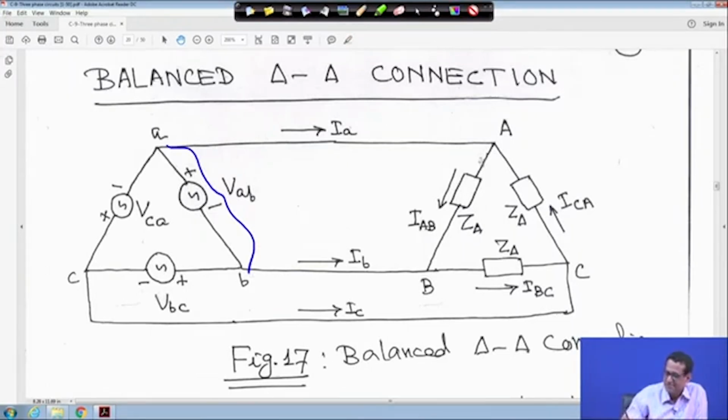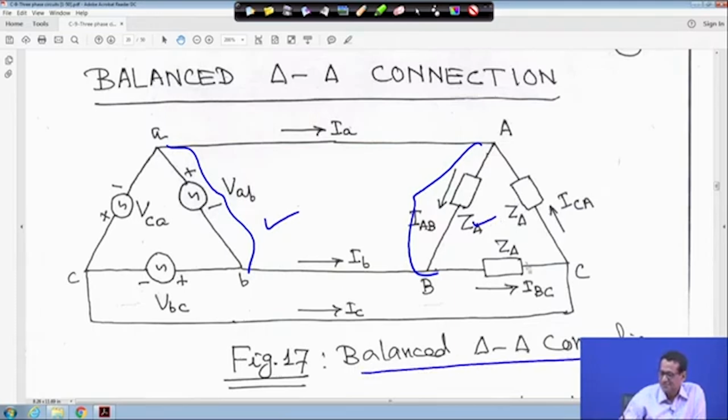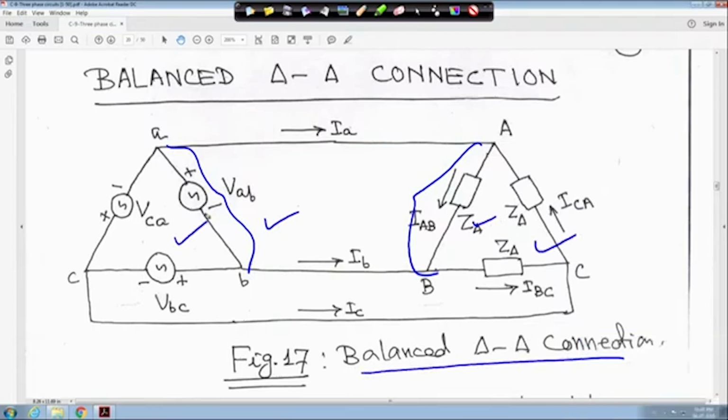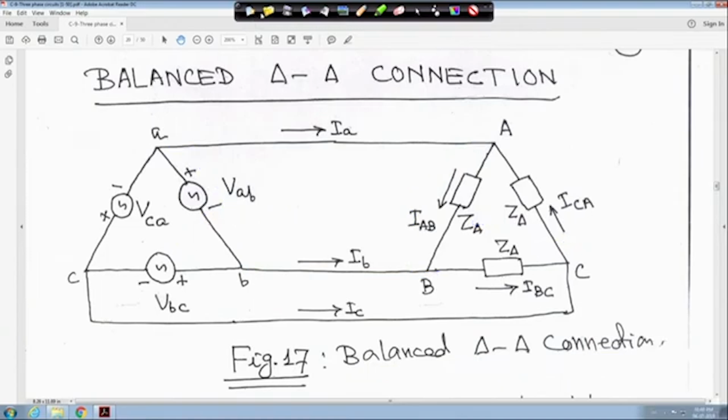Similarly, VBC and VCA are the same, because for the delta connection the line voltage and phase voltage remain the same. So here both are delta, this load is delta and the source is also delta, and the philosophy remains the same. Z delta is given.